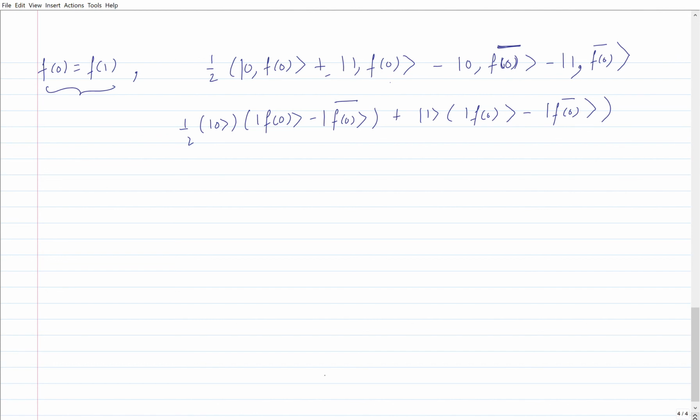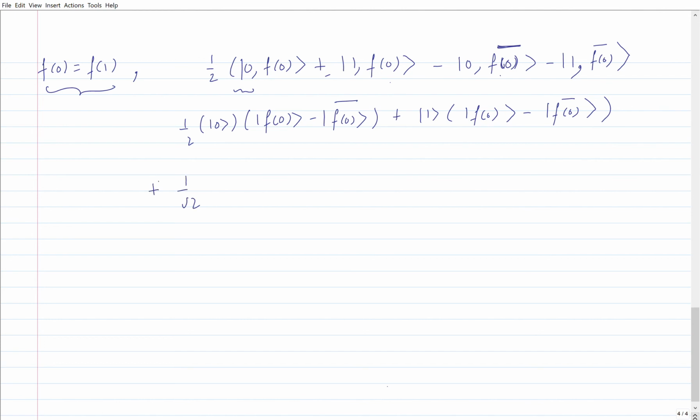Okay. So I'm just separating the term with 0, tensor product into f0 minus the complement of f0 and 1, so on, this way. So notice carefully, if f0 is 0, then the f0 complement is 1, so on and so forth. So what do I have?